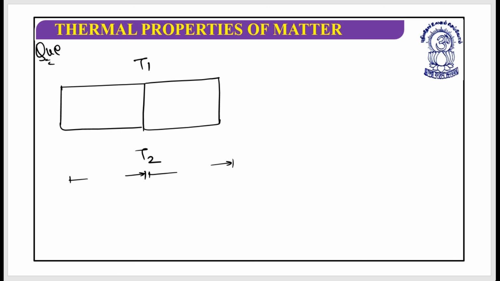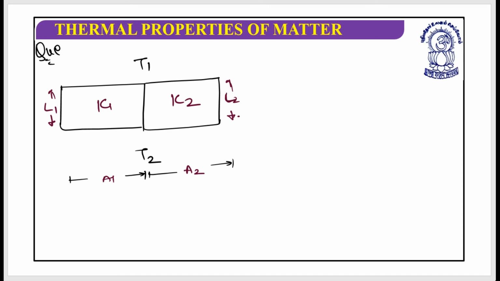I have chosen A1 and A2 over here, this is A1, this is A2, and this is L1, this is L2, as you can see. So this is K1, this is K2.